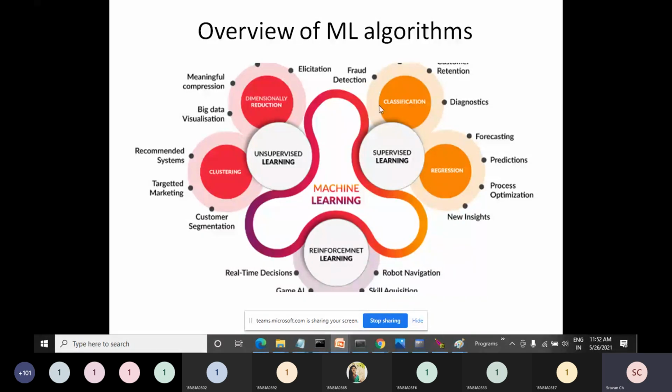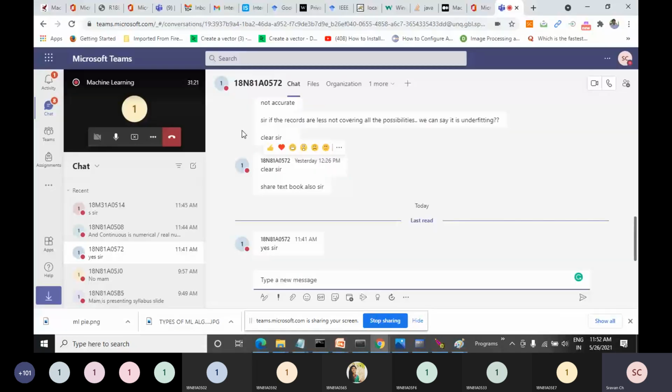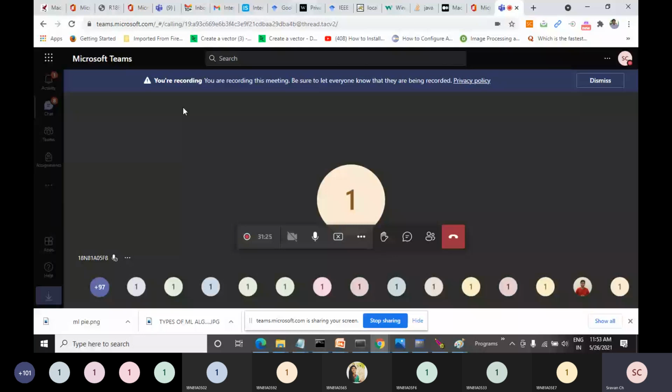Suppose, friends, in this classroom, for example, there are around 100 plus students sitting here.